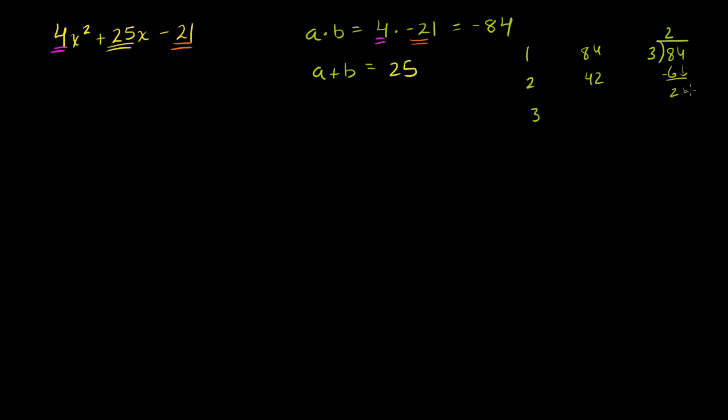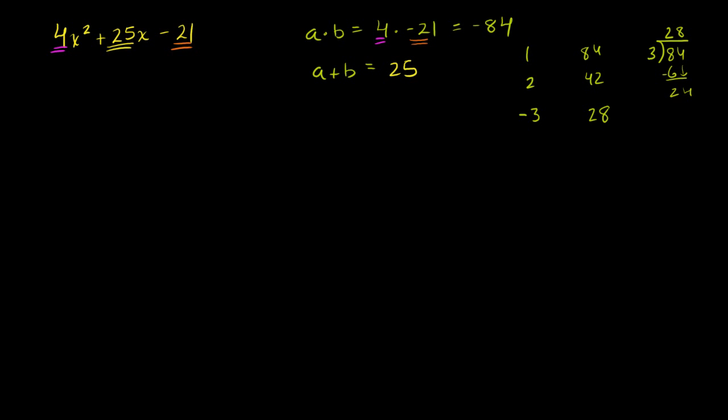Bring down the 4, it goes exactly 8 times. So 3 and 28. This seems interesting. Remember, one of these has to be negative. So if we have negative 3 plus 28, that is equal to 25.